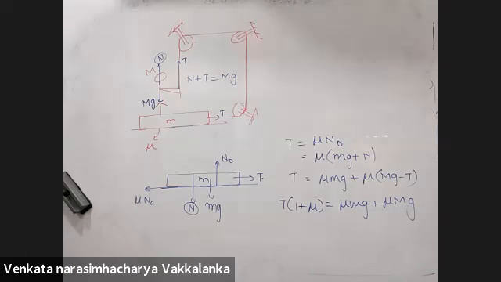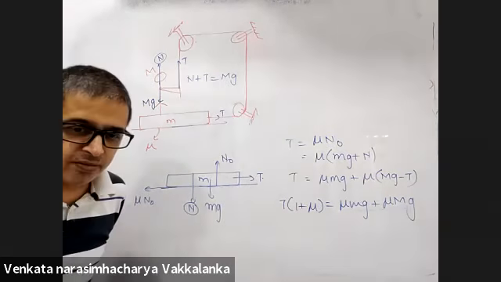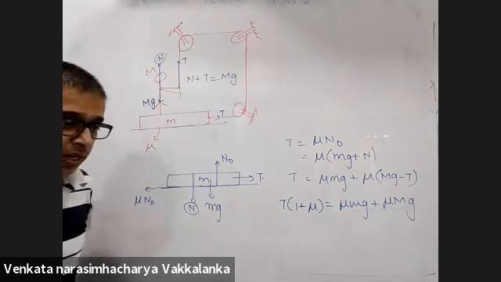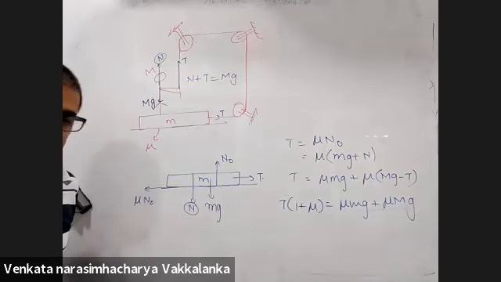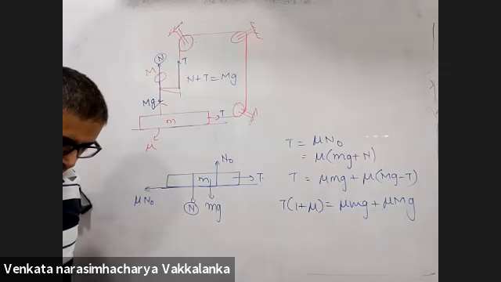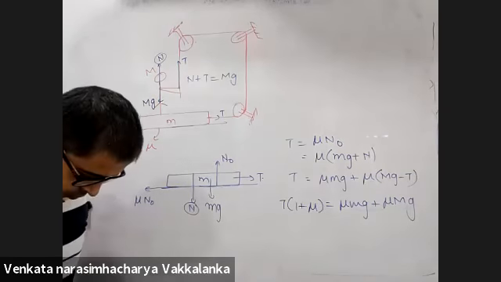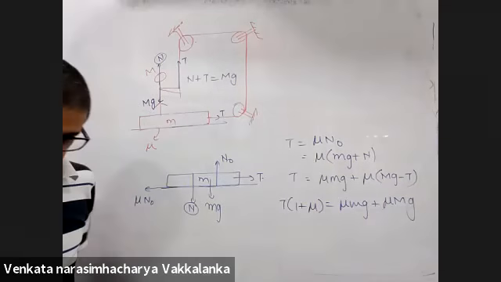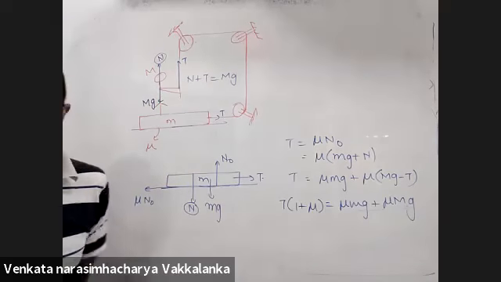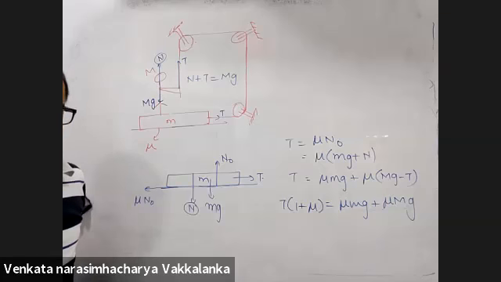This is the maximum force the man can apply for the system to be in equilibrium. So the final answer is mu mg plus mu capital Mg upon 1 plus mu.